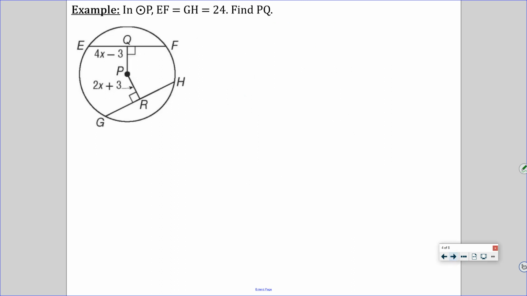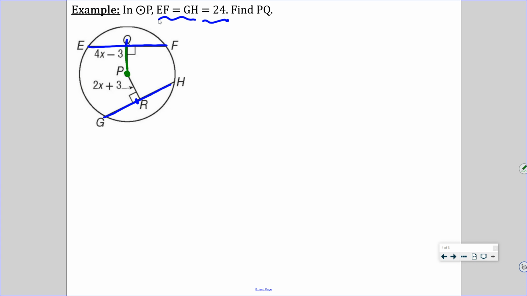Okay, next one. In circle P, PF is the same as GH, which are both chords, and they're both 24. They told me these are both 24, or they're congruent. Find PQ.